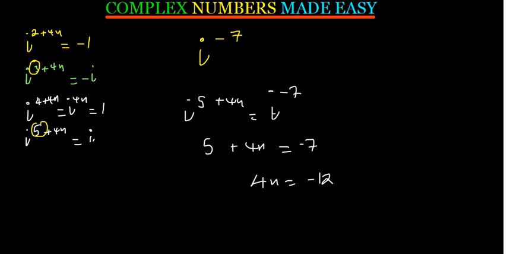Divide both sides by 4, n is going to be negative 3. And we can say that negative 3 is an integer, meaning that i to the power negative 7 can be written in this form. And we know that every time we have this form, the answer is always equal to i. Meaning that i to the power negative 7 is the same as i. We are good?